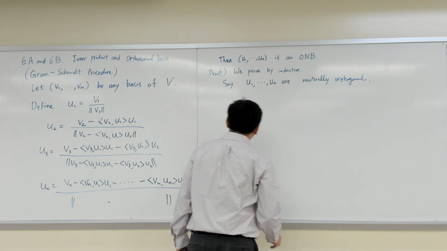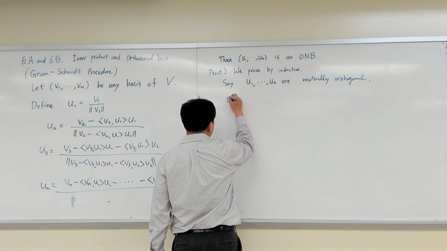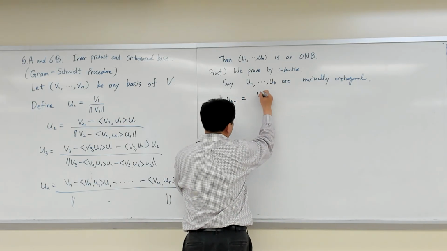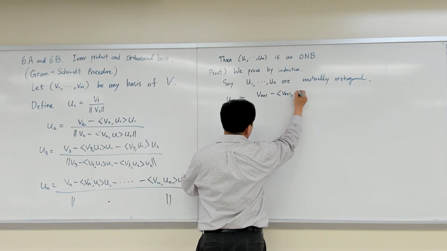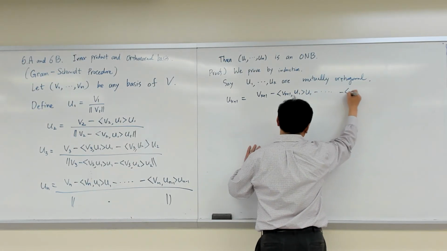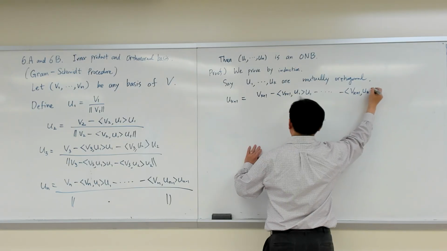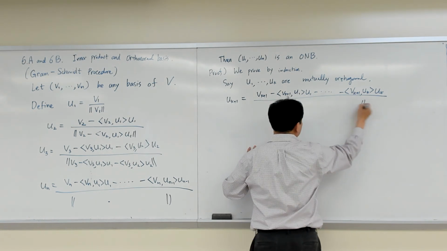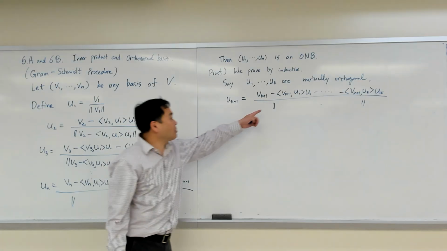Then u(k+1), by definition, is v(k+1) minus the component of v(k+1) along u1, and so on, minus the component along uk, and then divided by something. Because we're just trying to show orthogonality, this denominator is not going to do anything.